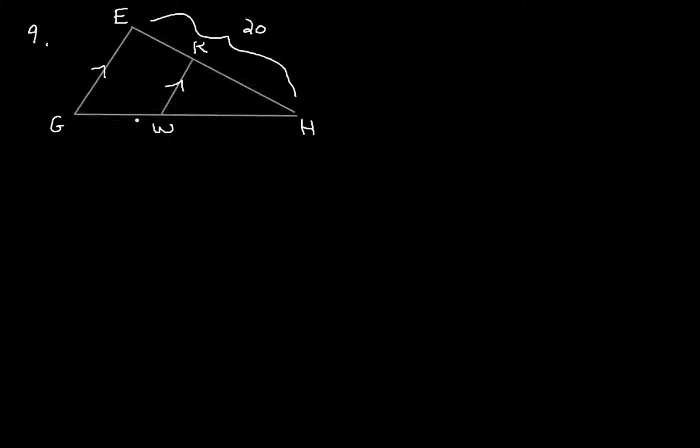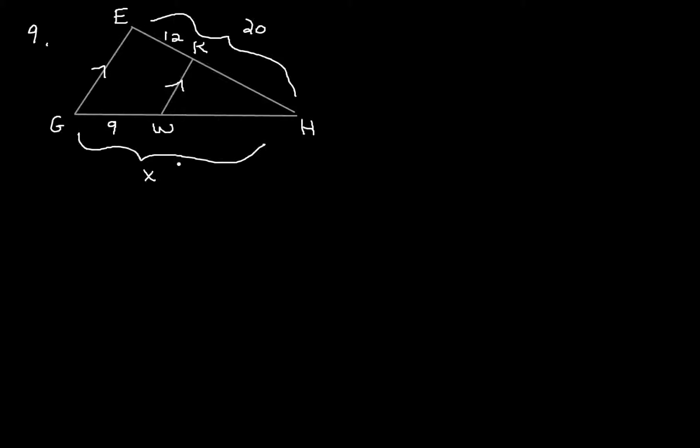And KE is 12. And then we have WG is 9. And we need to find HG, which is the longer side. I think you're going to find these actually to be pretty easy.